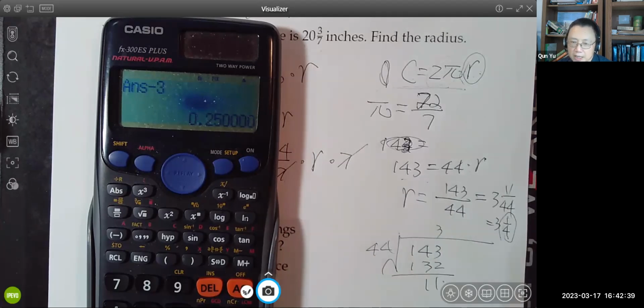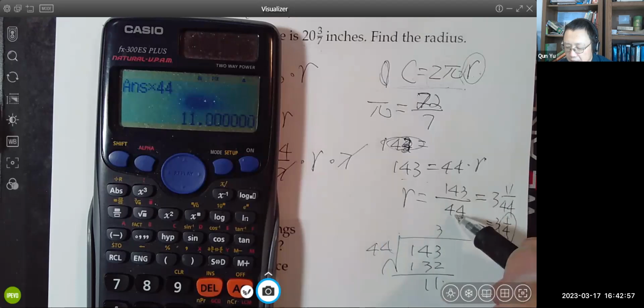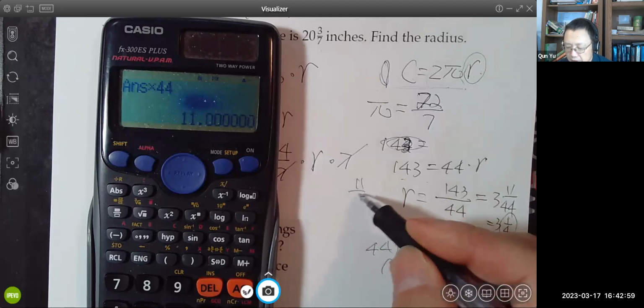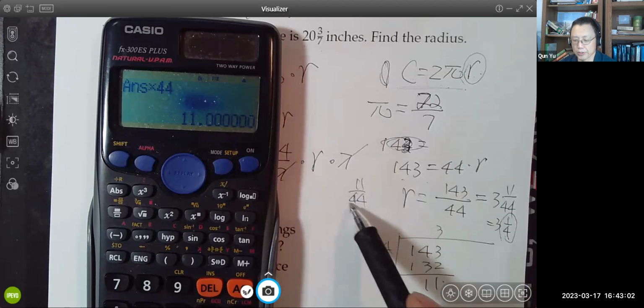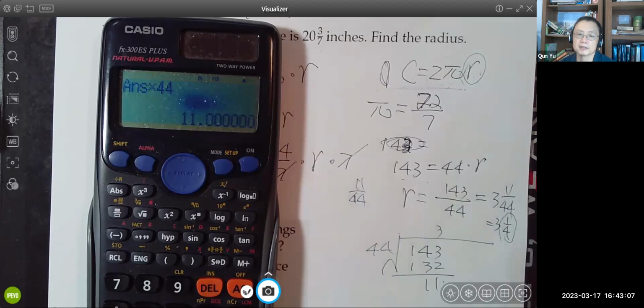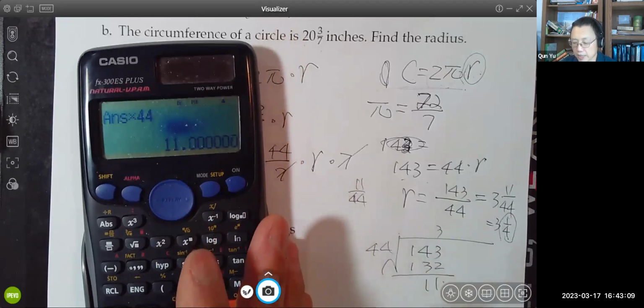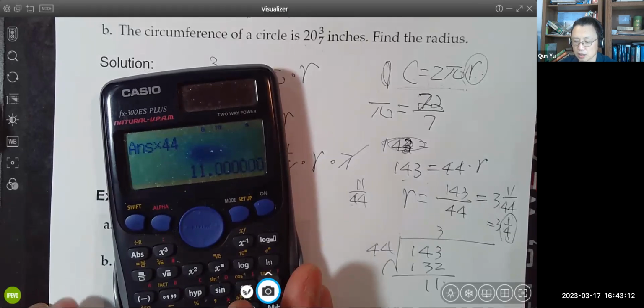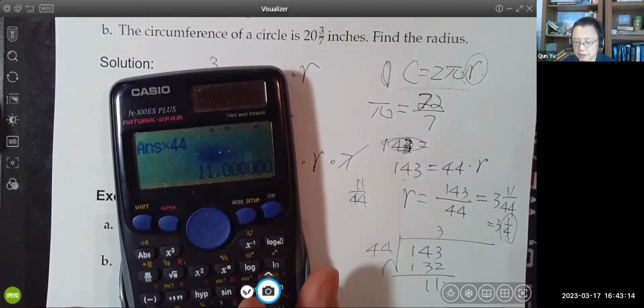So basically you multiply by the original number you divided by, which is 44. What do you get? You get 11. In other words, when you divide by 44, remainder is 11. Use the original, then you get this part, then you can simplify it. So this is good for any number to convert it to mixed number.